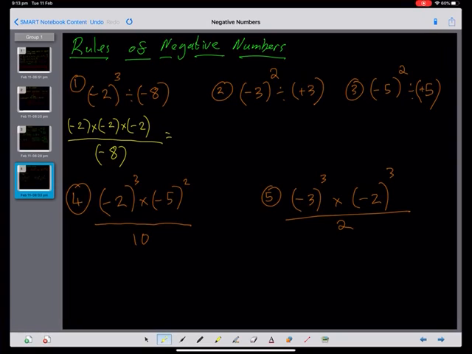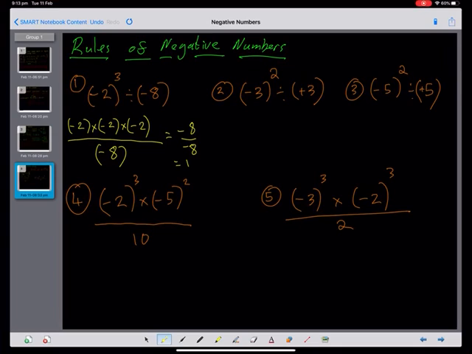Okay, so a negative multiplied by a negative is a positive, but multiplied by a negative again is a negative. So we're going to get a negative on the numerator. 2 times 2 is 4. 2 times 4 is 8. So we got negative 8 divided by negative 8, which is just 1.